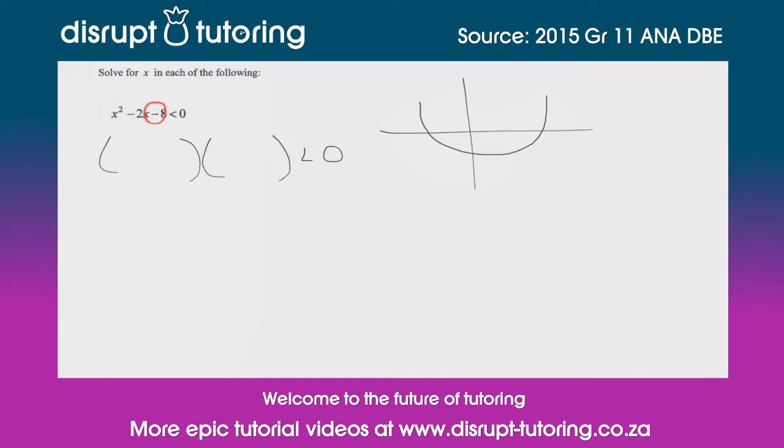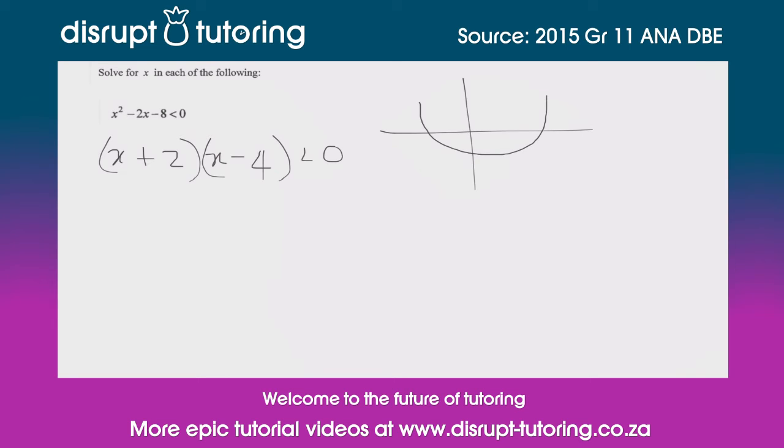And because we've got a negative 8 there, we're going to have a positive and a negative, and we know we're going to have an x in the front of each bracket, mostly because there isn't a coefficient there. And then we need to find two numbers that multiply to 8 and subtract to 2, and that's automatically 4 and 2. The bigger number goes to that sign, which is minus, so the 4 goes there and the 2 goes there.